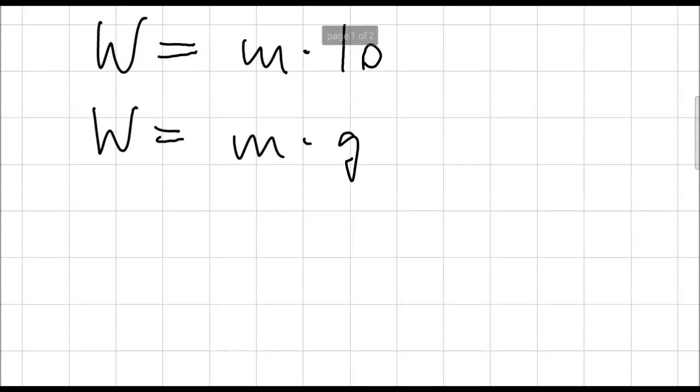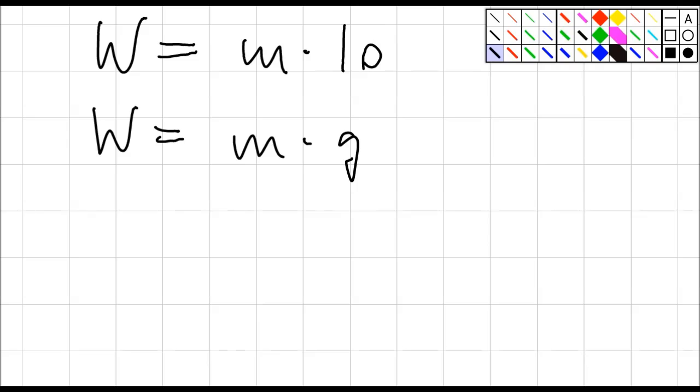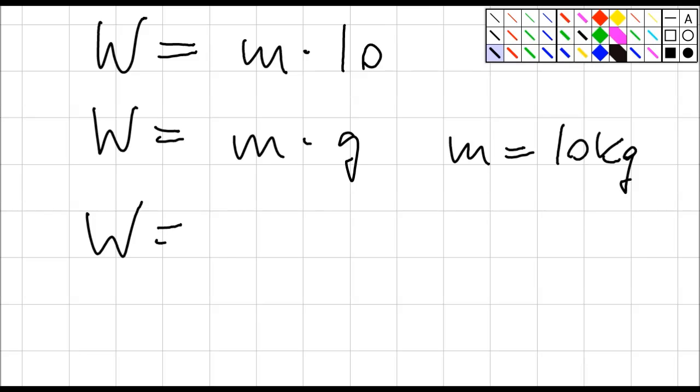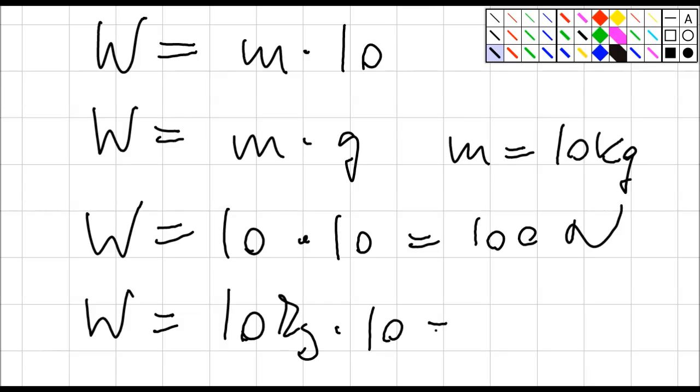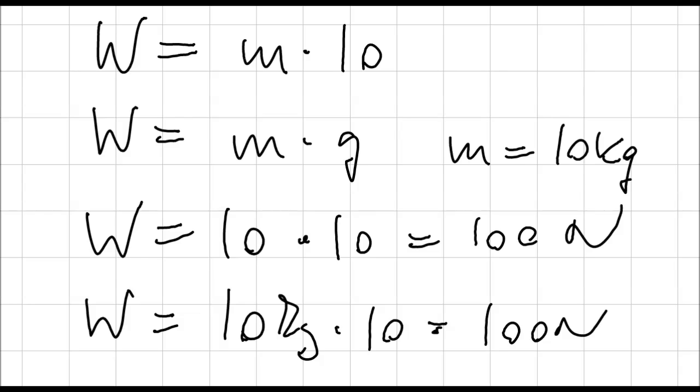And then when you use numbers, let's say your mass is 10 kilograms, you say weight equals 10 times 10 equals 100 Newton. Or some of you write weight is 10 kilogram times 10 equals 100 Newton. Now this all is not correct, and I will show you why.